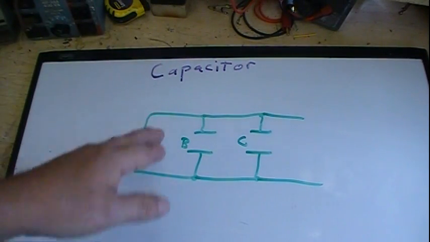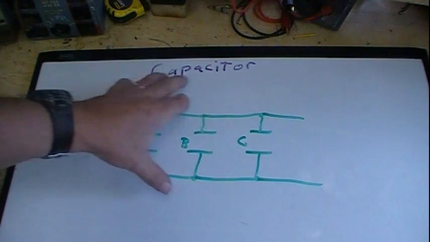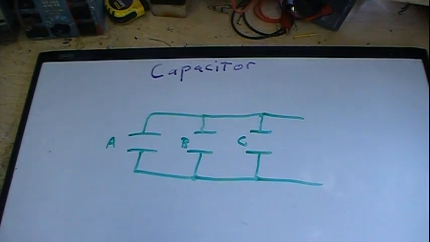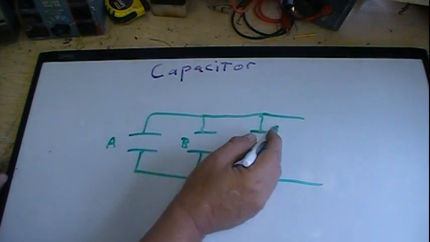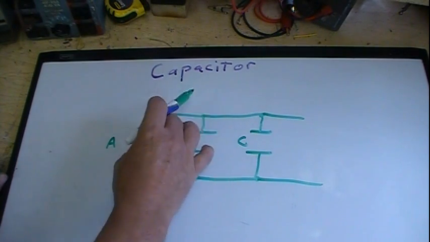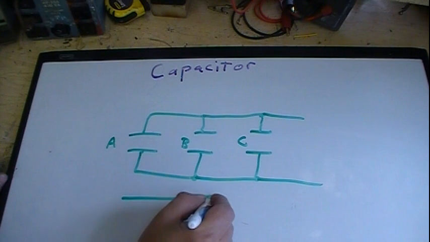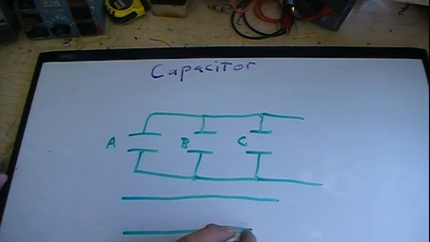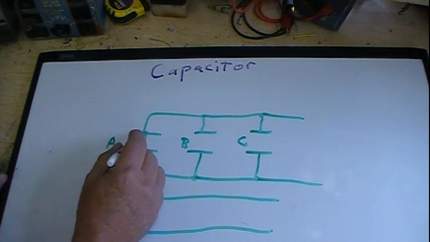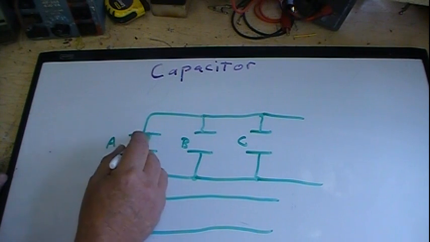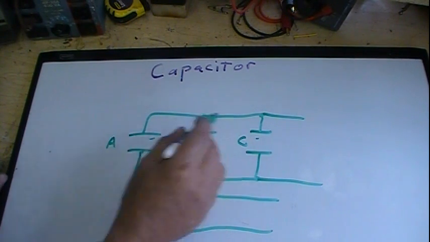Now, why is that? Because they look like this and that's how you wire them up, but they're really like one solid plate on each side that equals the total area of each one of these added together.